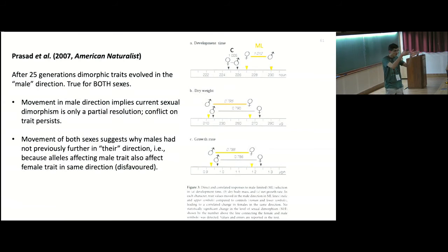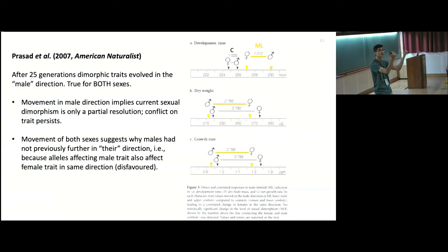And so here's a case where we have dimorphism in a trait, the trait being development time. And so the question is, does the observed dimorphism in development time represent the resolution of past conflict or only the partial resolution of conflict?